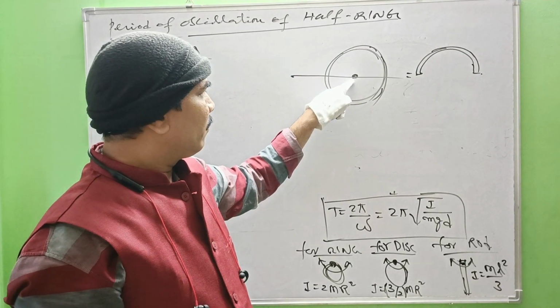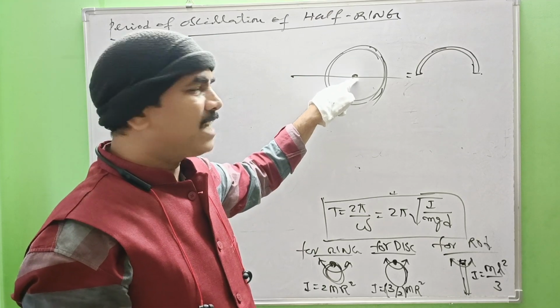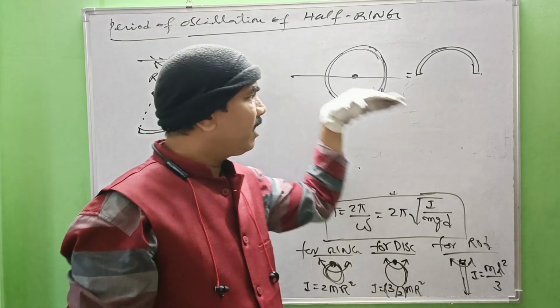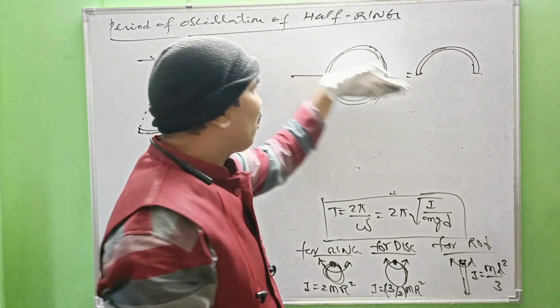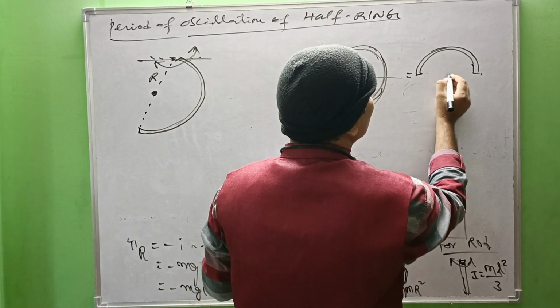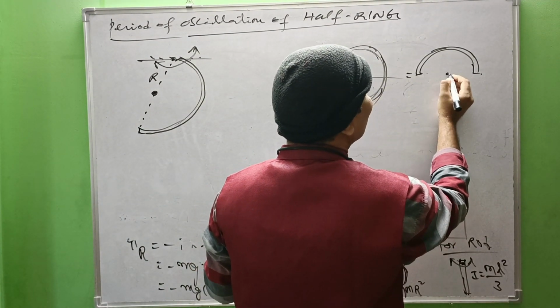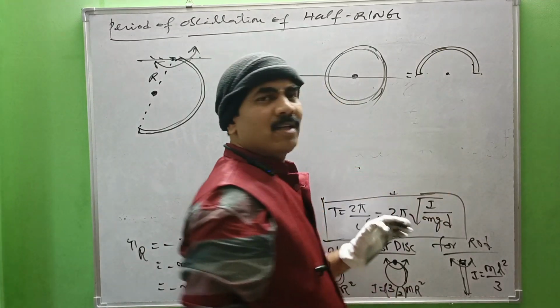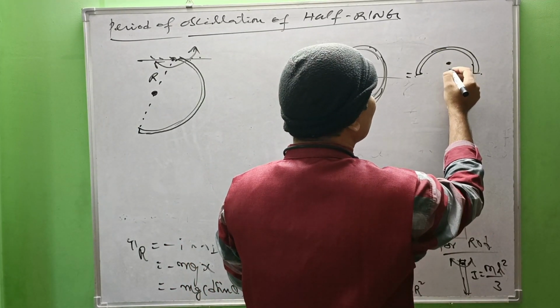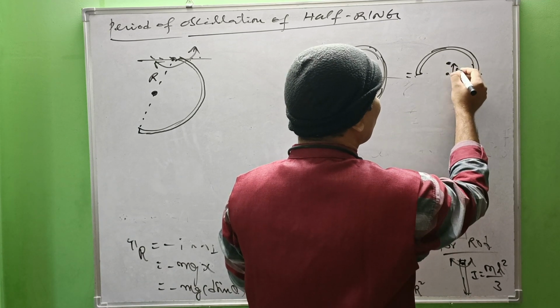With its full form, the geometric center will be the center of the uniform ring. But when it is cut into two equal halves, now here there is no mass. So actually this would be the position of the center, but because of the distribution of mass, the center of mass shifts to some point here, that is to a distance of 2r by pi.